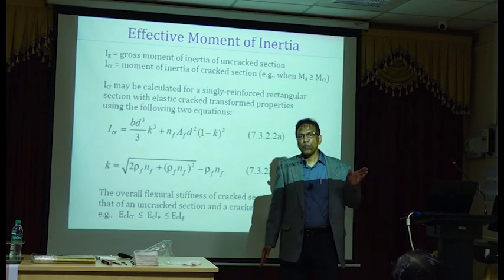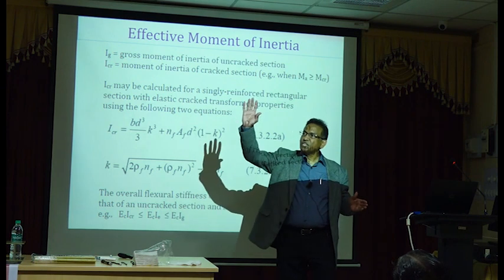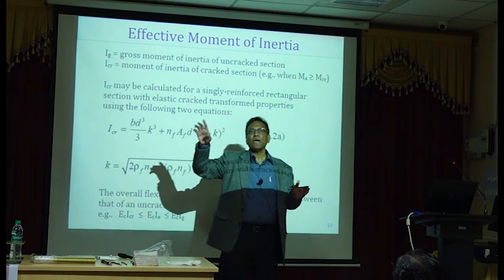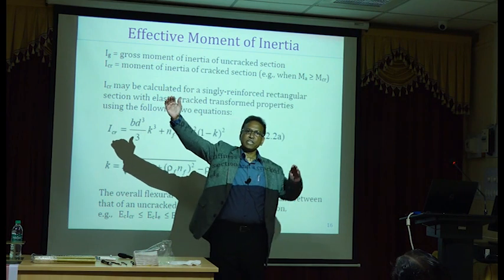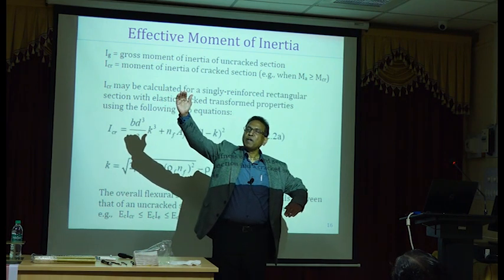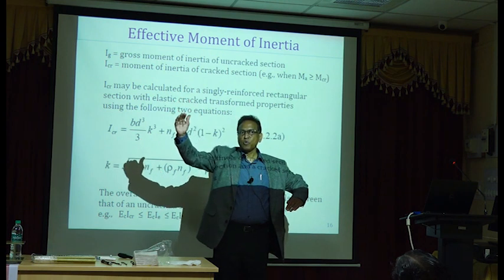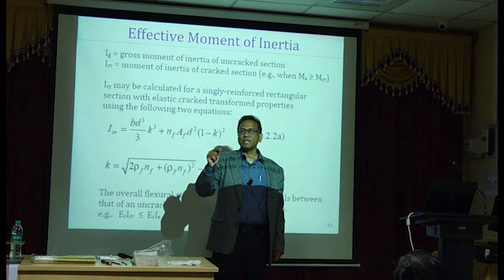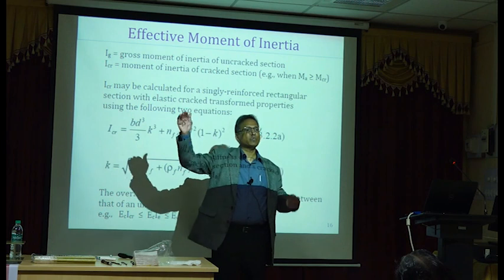That will give you a small moment of inertia, while I sub G, which is based on the uncracked section, will give you a larger moment of inertia. Depending on how much your service load moment is relative to the cracking moment, your moment of inertia will be somewhere in between these two values.